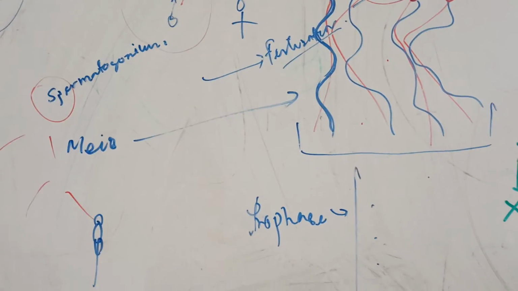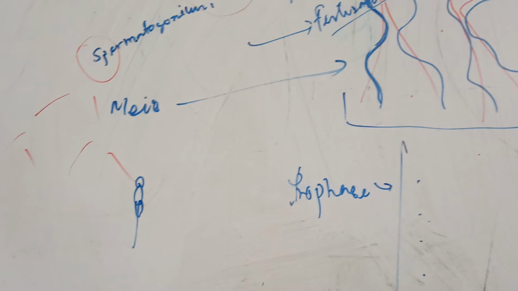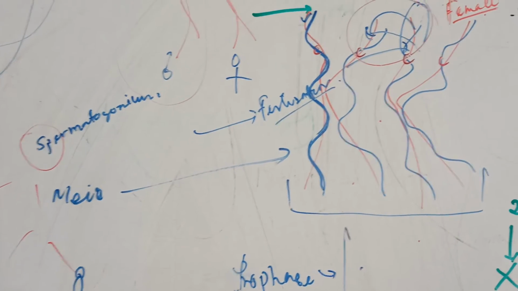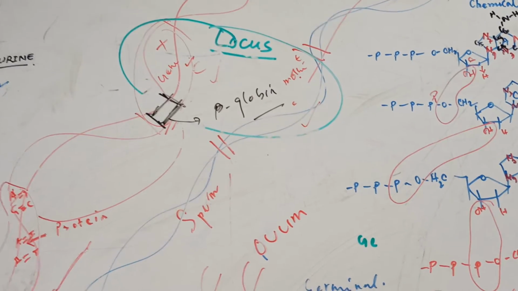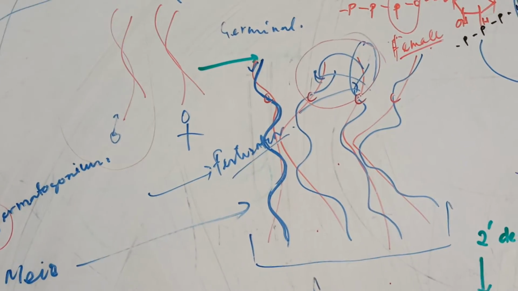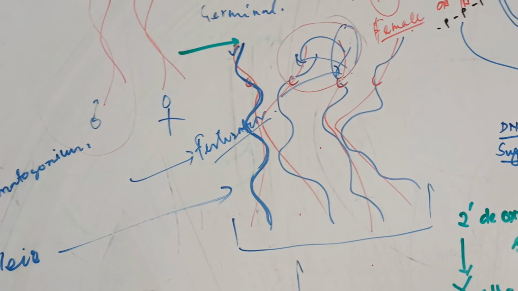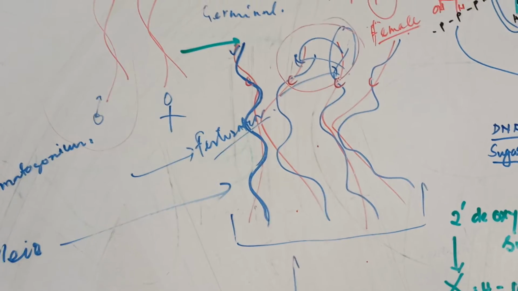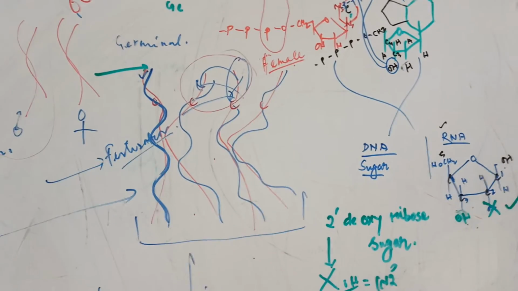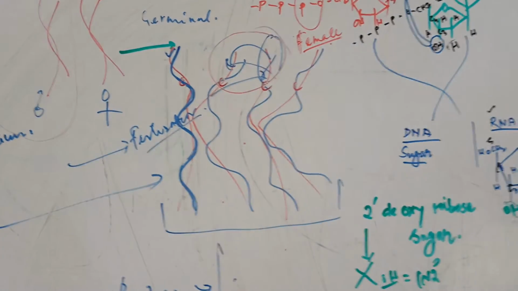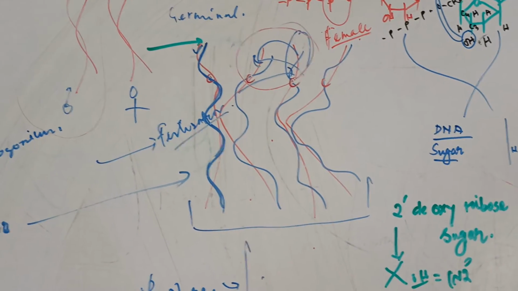So meiosis is a process where recombination takes place. So the previous set of genes now gets a scope to reassort, to substitute its place from one to another, recombination.